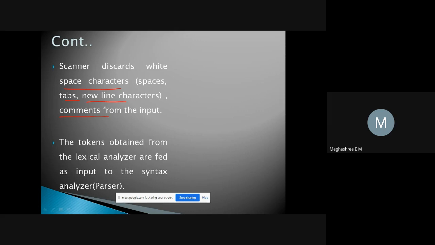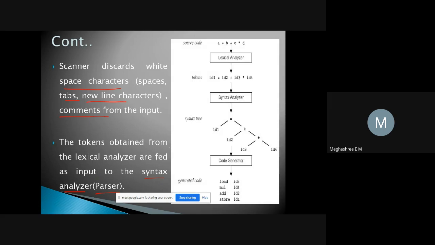We also call it parser. Tokens will be the input for the parser. Here is the depiction where the source code is given to the lexical analyzer, for which tokens are generated, and this is given to the syntax analyzer. It analyzes and generates the syntax tree, which in turn is given to the code generator.